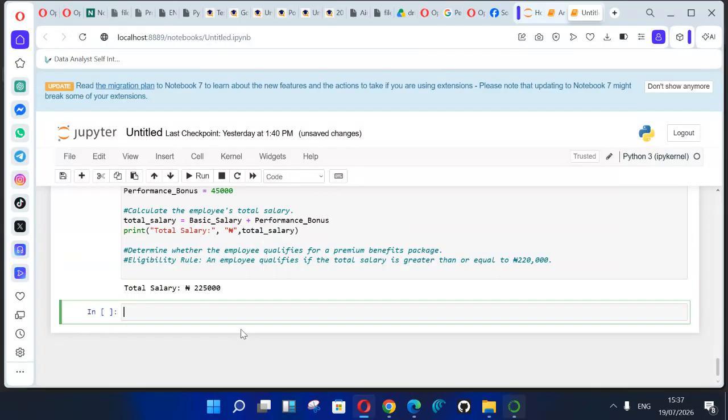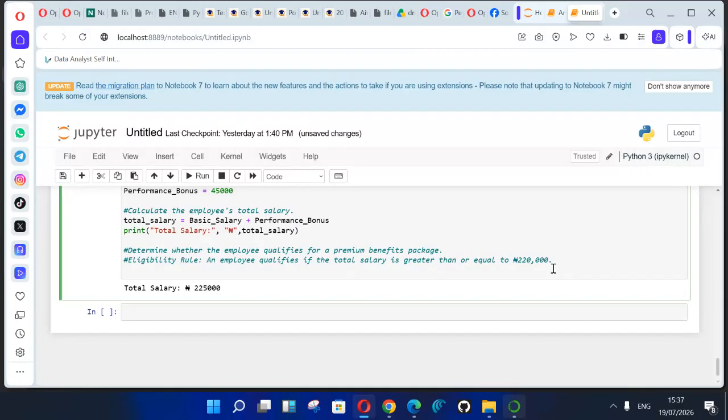Also let's determine whether the employee qualifies for a premium benefit package. We are given the eligibility rule, which says an employee qualifies if the total salary is greater than 220k, and you can see that this particular employee has a salary of 225k.